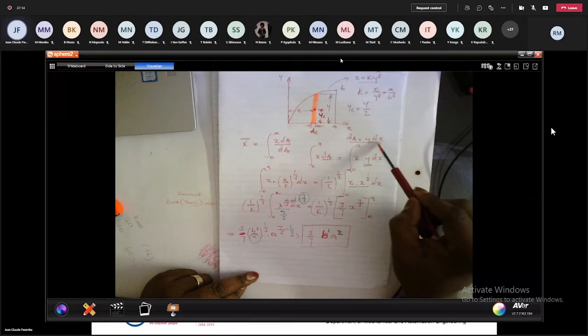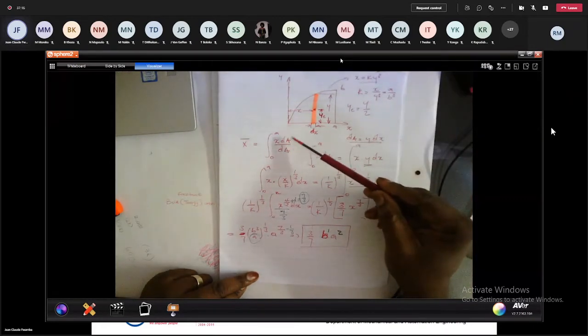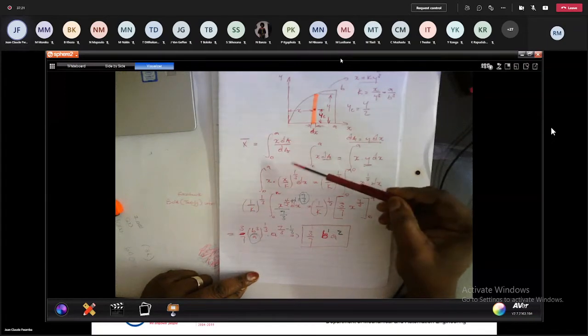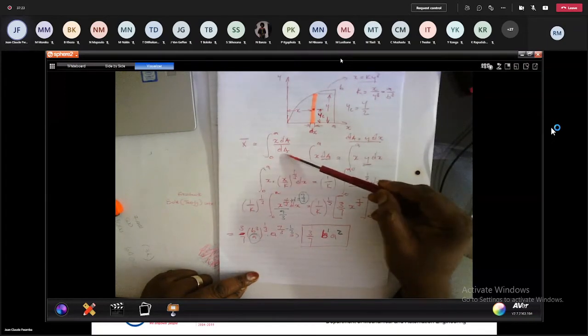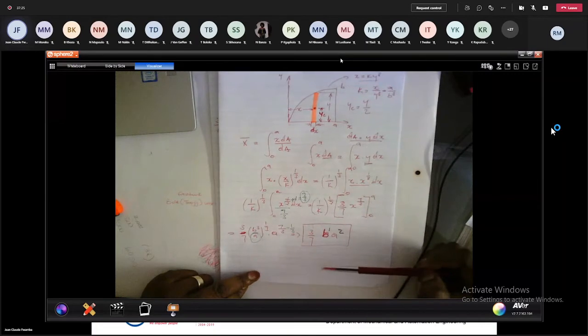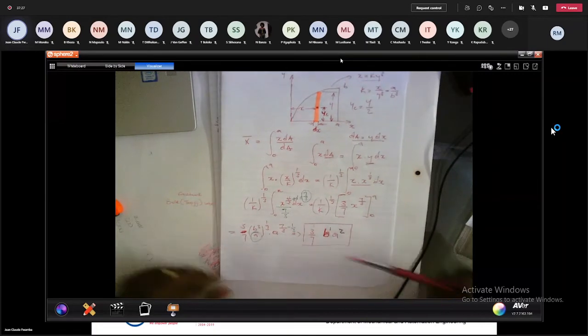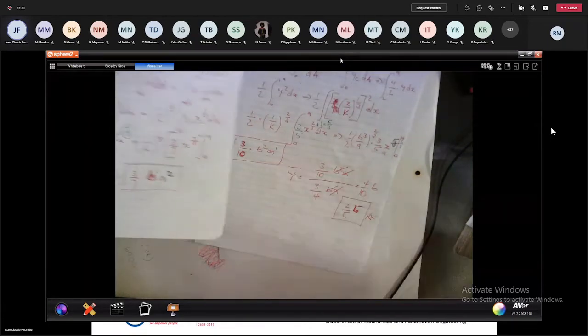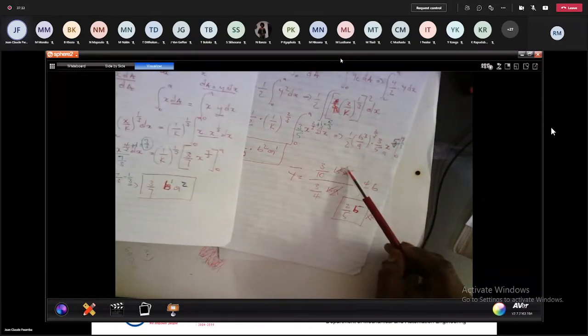So once you have these, my advice would be to work out your numerator separately and then your denominator. At the end, just take your numerator over your denominator and work it out.